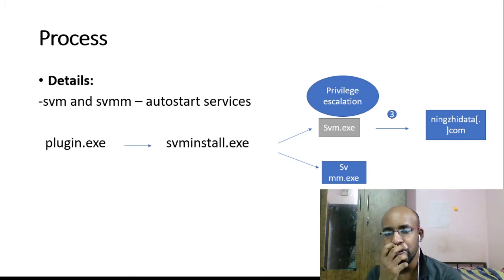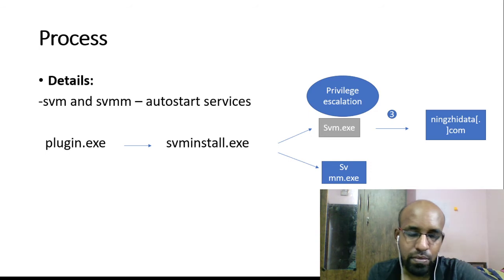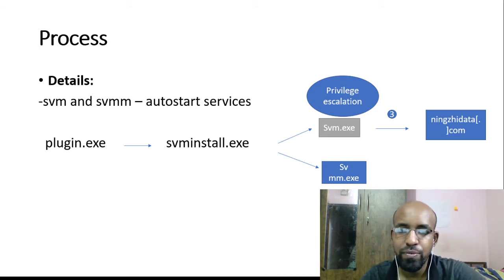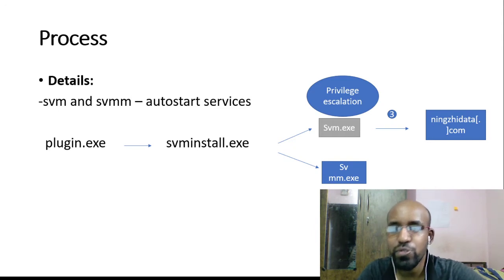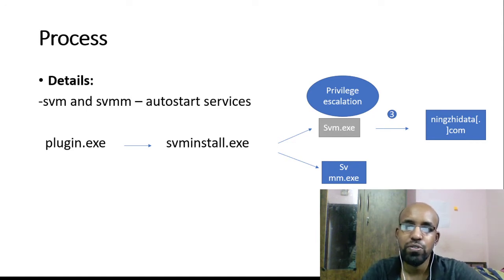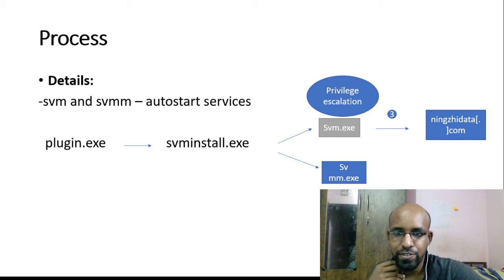Since it is installed with the help of admin privileges, basically they have admin kind of access. That is nothing but a privilege escalation. Here the user automatically gives permission, like yes, to the administrator access so that it can install this software.